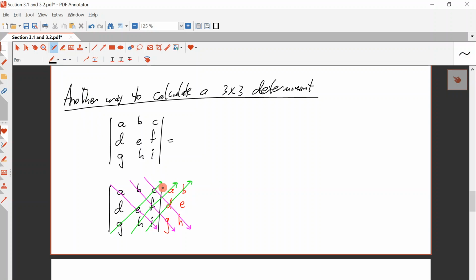Okay, so the 3 by 3 determinant is the sum of these products minus the sum of those products.